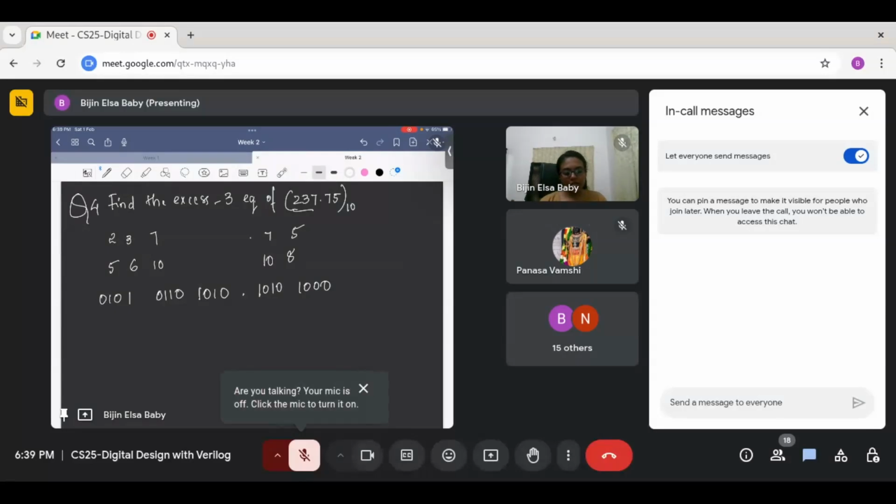All of you understood this? This is the X3 equivalent of 237.75. All of you understood this?